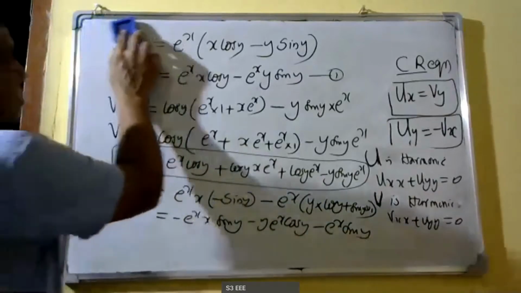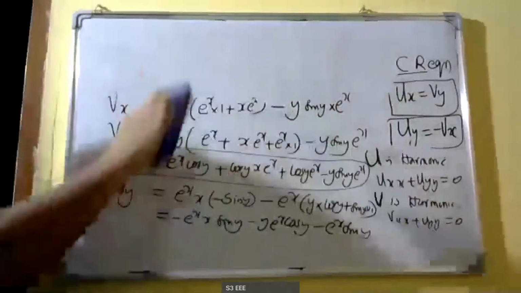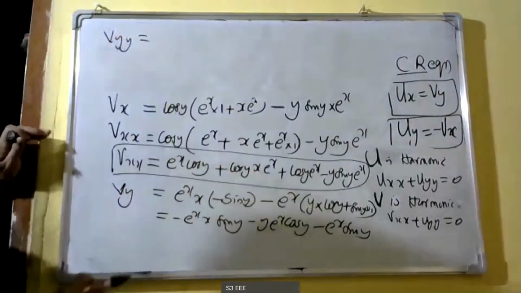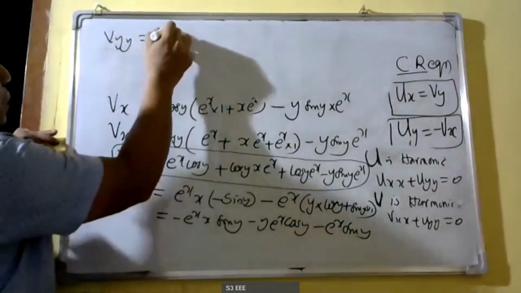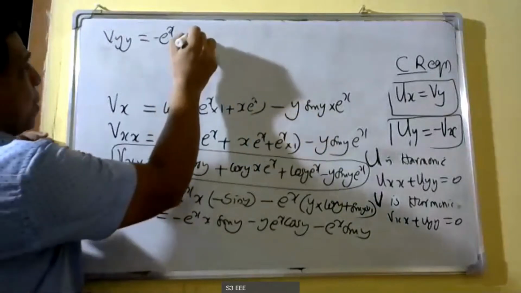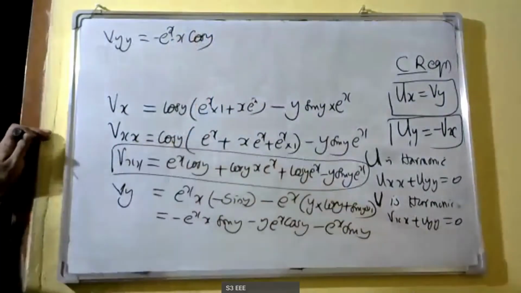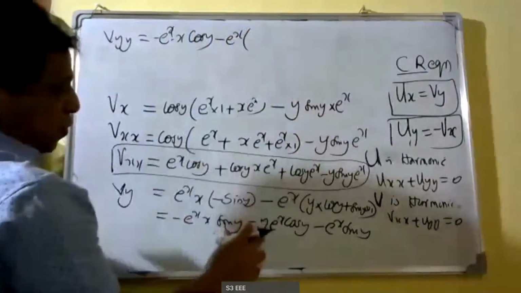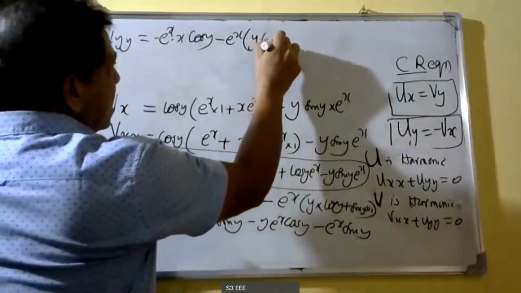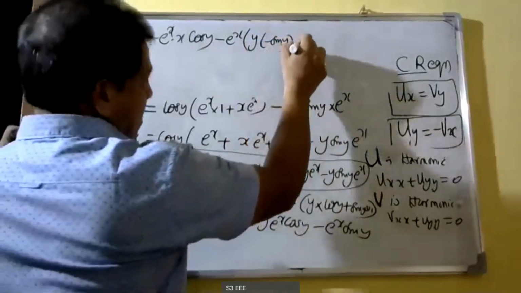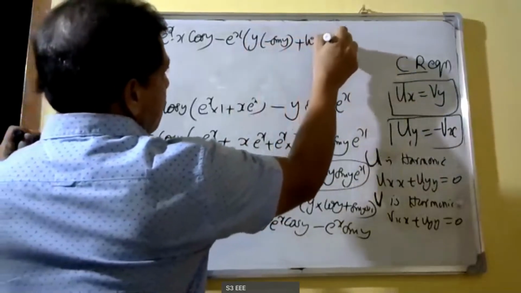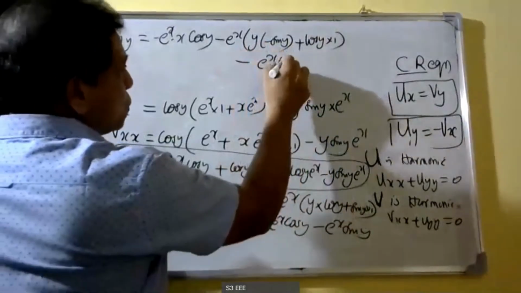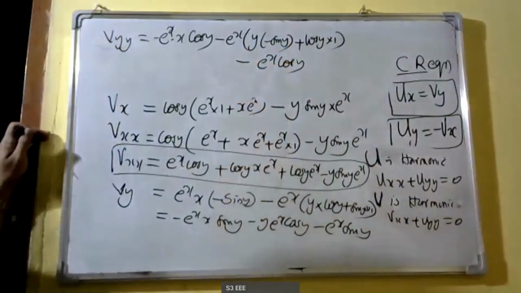Again, we differentiate with respect to y. Then Vy, the first case: minus e raised to x into x constant, sin y gives cos y. Then here e raised to x is constant. For y cos y: y into minus sin y plus cos y into 1, minus e raised to x into sin y gives cos y.